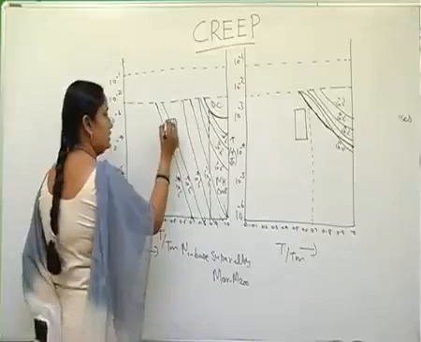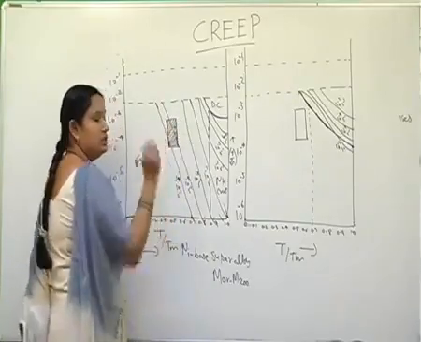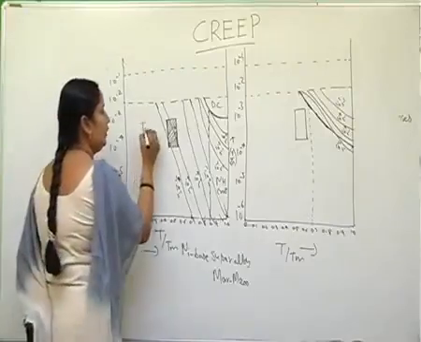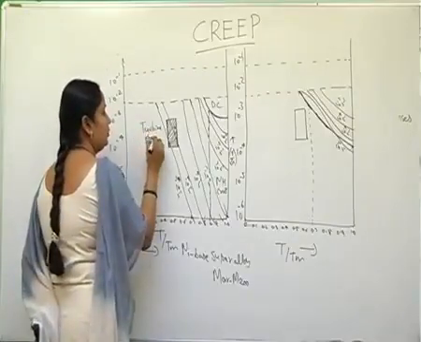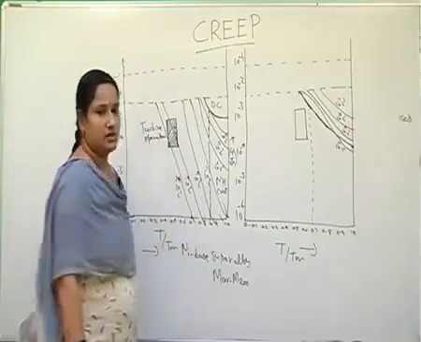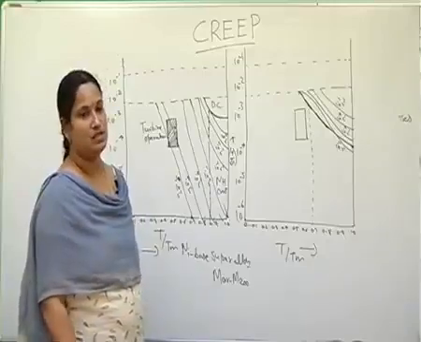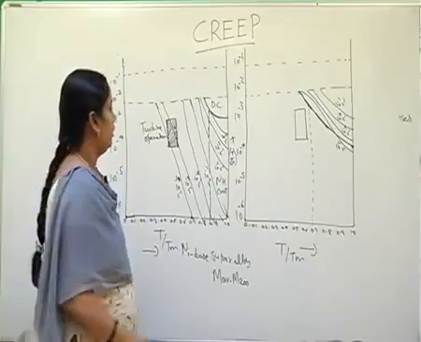In this you can see this cross hatch region, which represents the turbine operation, where it is operated at about 600 degrees centigrade and the operational strain rates are in the range of 10 power minus 10 per second to 10 power minus 8 per second.